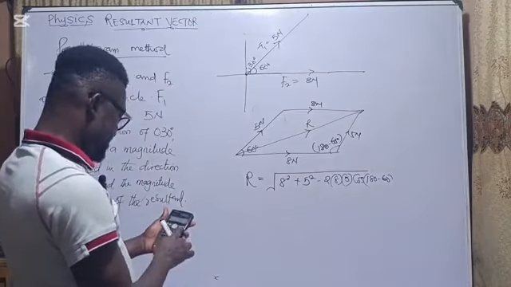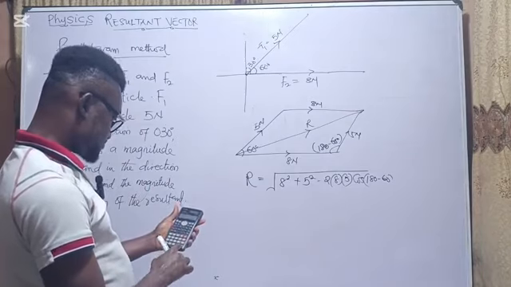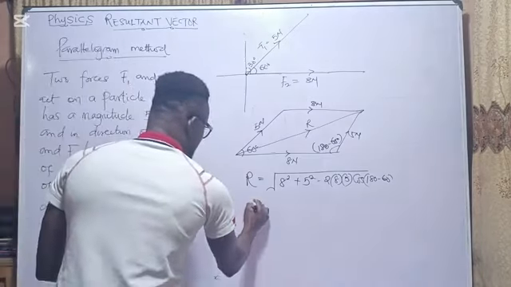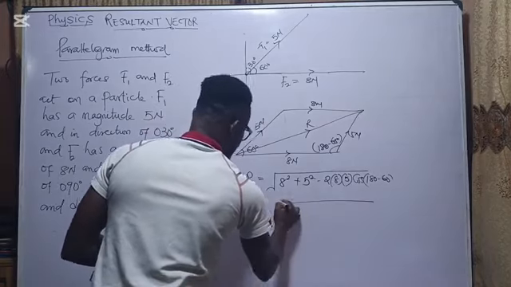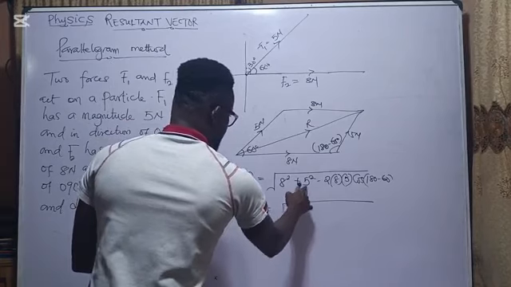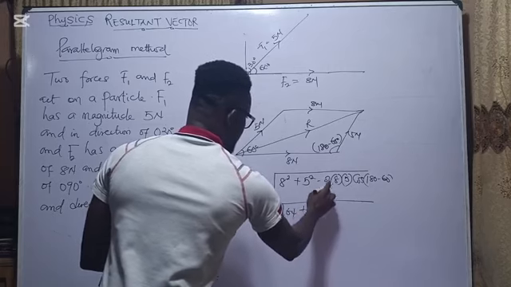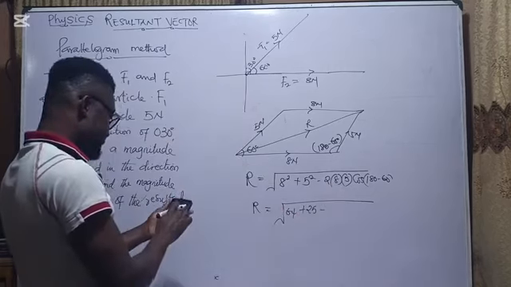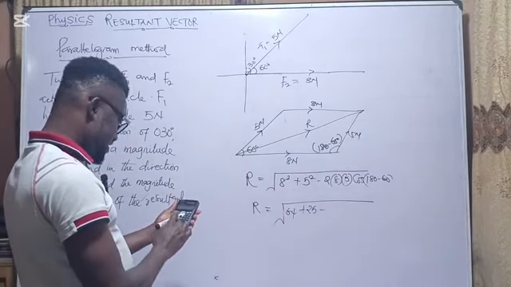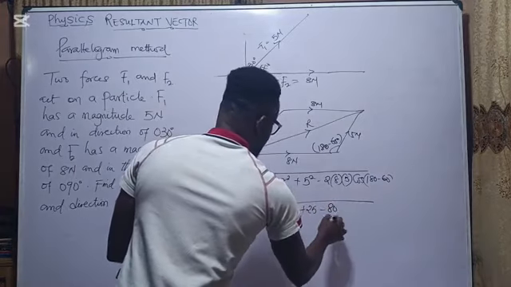So let's simplify this. The resultant becomes the square root. The 8 squared will give 64. Then the 5 squared will give 25. Minus 2 times 8 times 5, we are going to have 80.